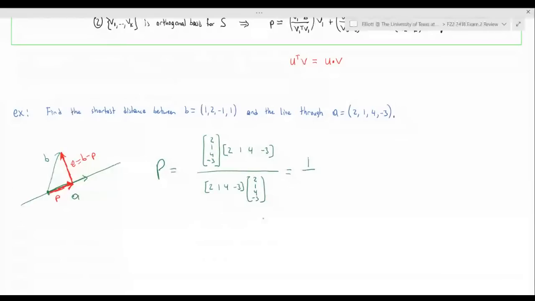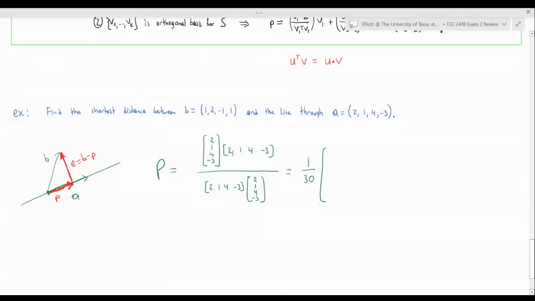The denominator is going to be 4 plus 1 plus 16 plus 9, so that's going to be 30 in the denominator.